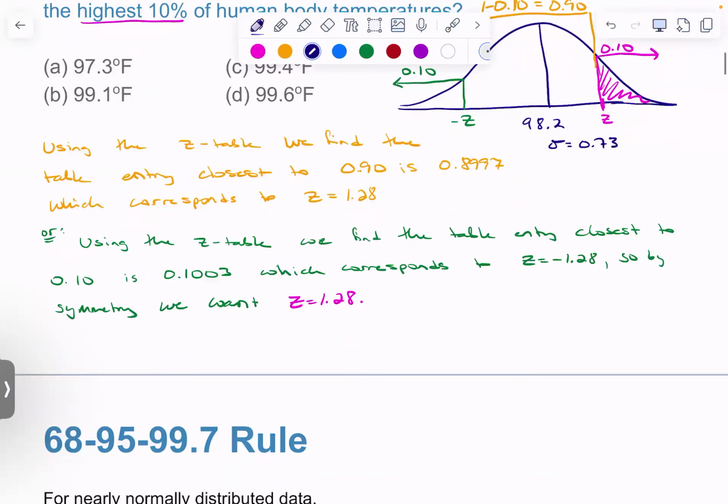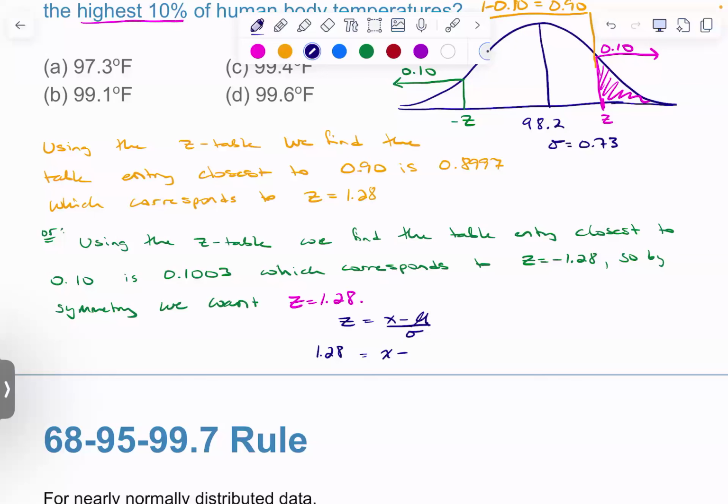So now we're back on track. We're able to solve this problem because I have my Z. What's my next thing? I'm gonna find X. And so Z is X minus mu over sigma. We already decided it should be 1.28.